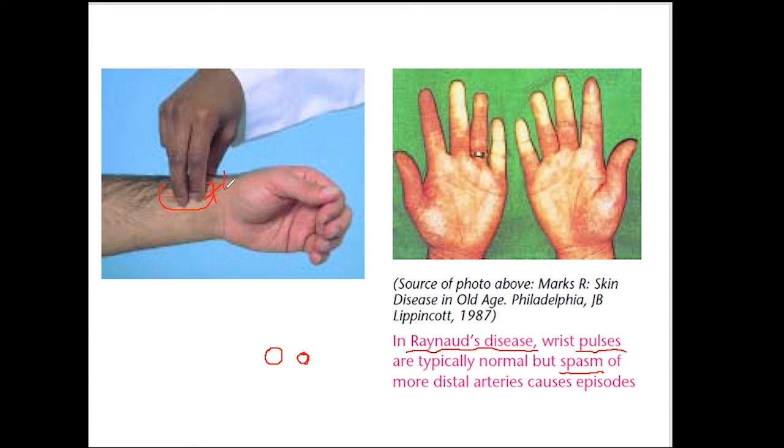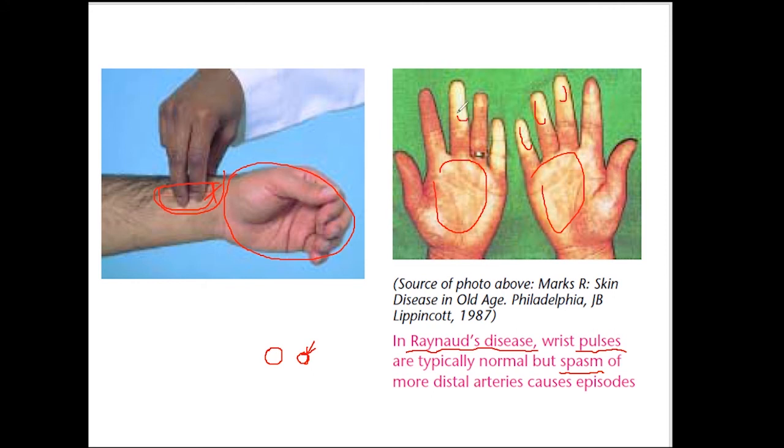The big artery here has no problem, but the small arteries in the hand will spasm or contract. That means the blood supply to the hand will be less. So you can see in the picture here the hand is pale, even pale in the fingers.